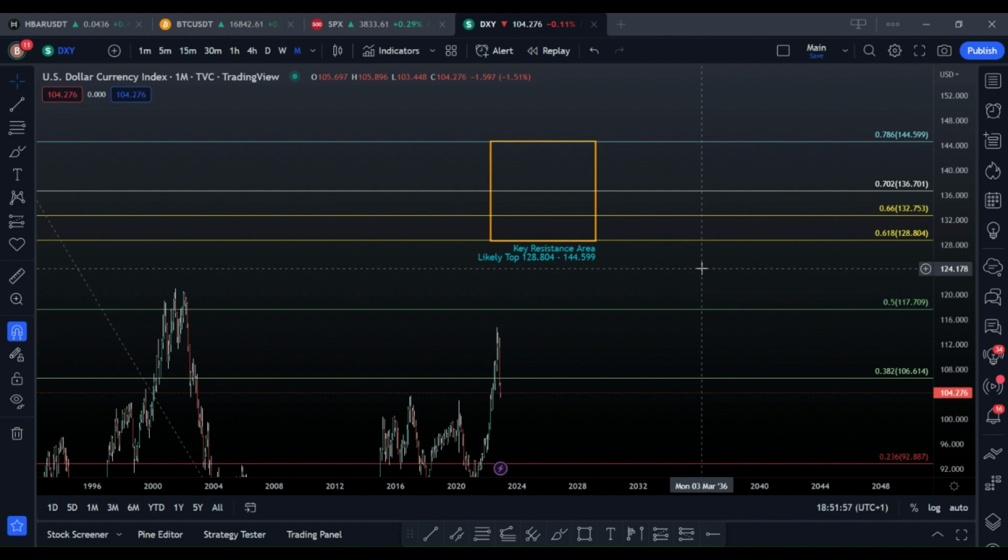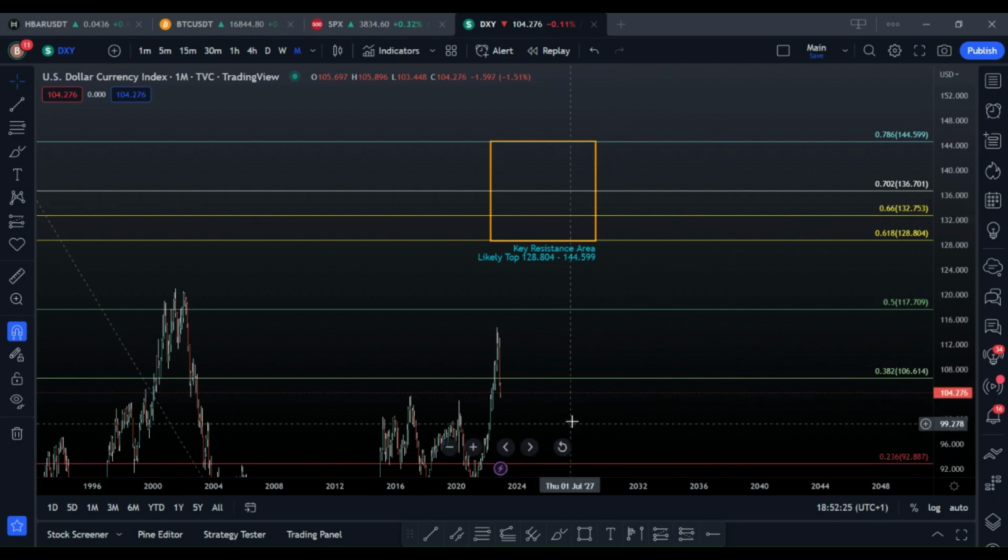As I said before, these are strong resistance areas where price most highly likely rejects from. And that range is in between 128.8 to 132.75 roughly. So with all these confluence factors, we most likely believe that this area will be the top for the DXY, and when we reach that area, most likely this next bull run will begin.